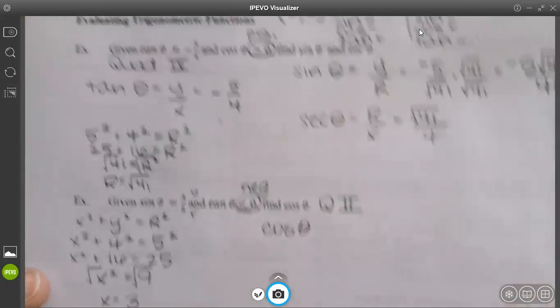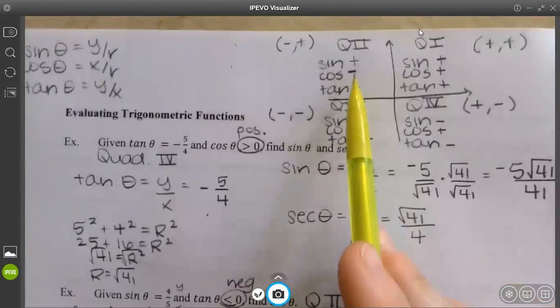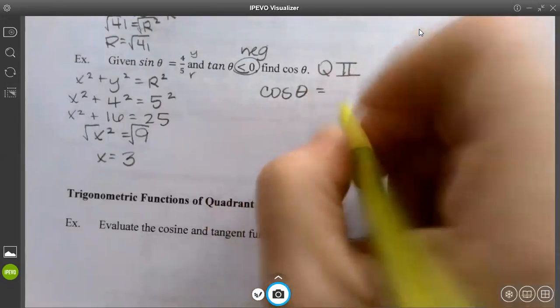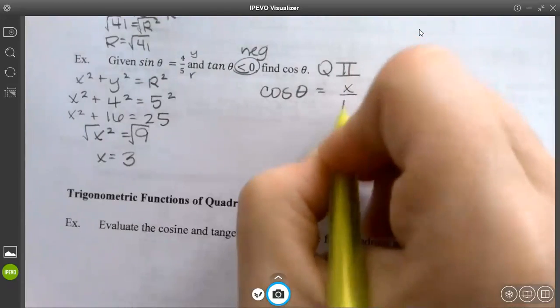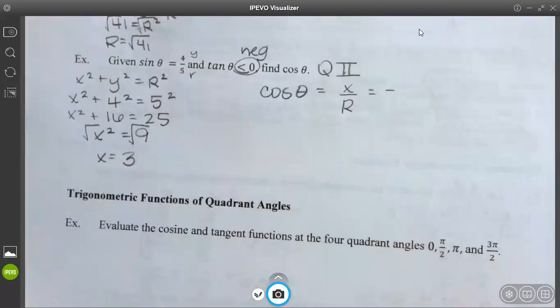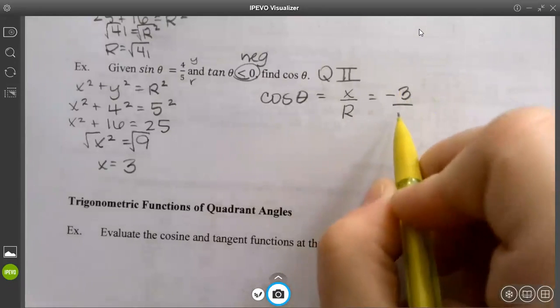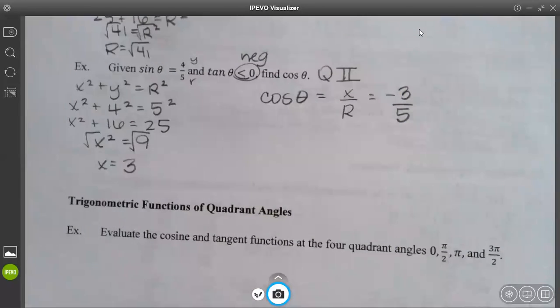From this little chart up here in quadrant 2, cosine should be negative. So cosine is x over r. In this case, ours is going to be negative. What's our x? What's our r? That's it. That's all you do. But you have to know that chart.